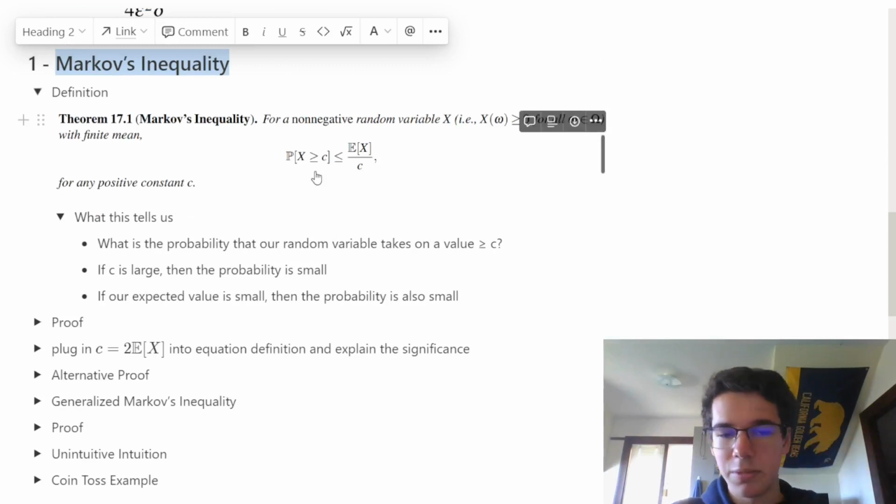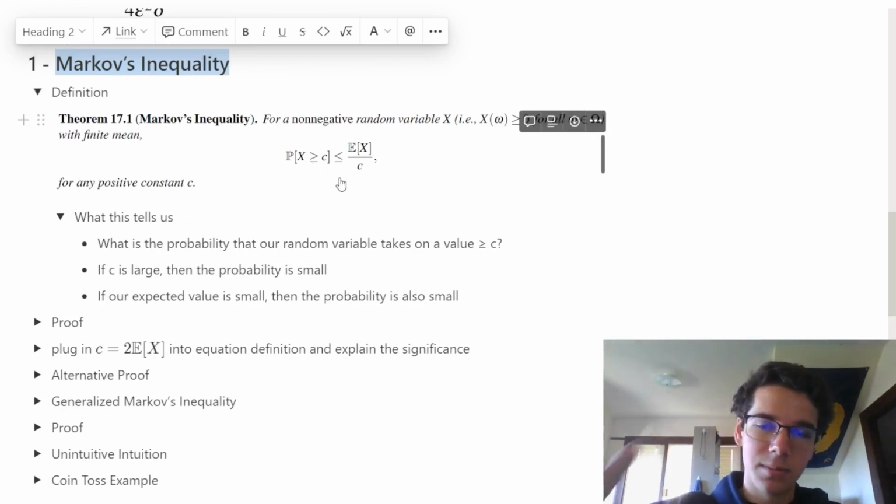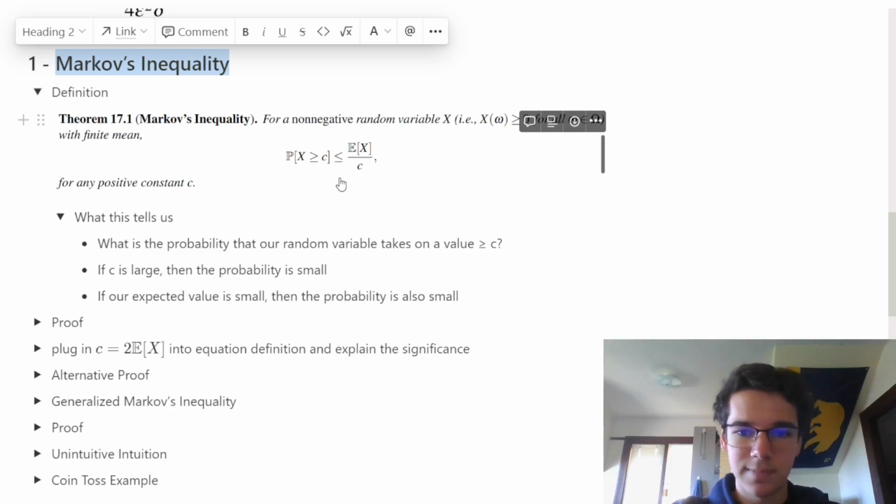So, we want to know what is the probability that our random variable takes on this value c. So if c is large, then that means it's not going to be very likely that our random variable takes that value on, because the expected value, or the mean, is that central point.